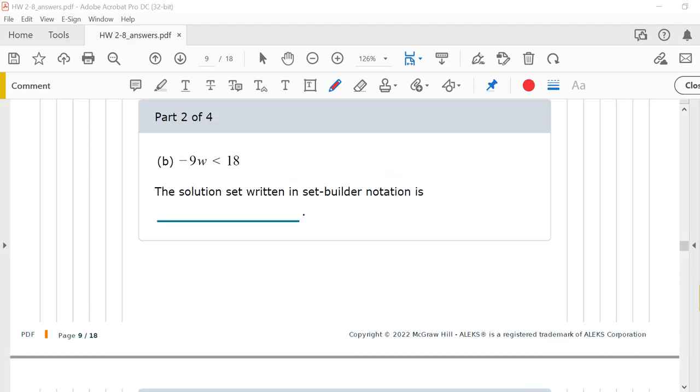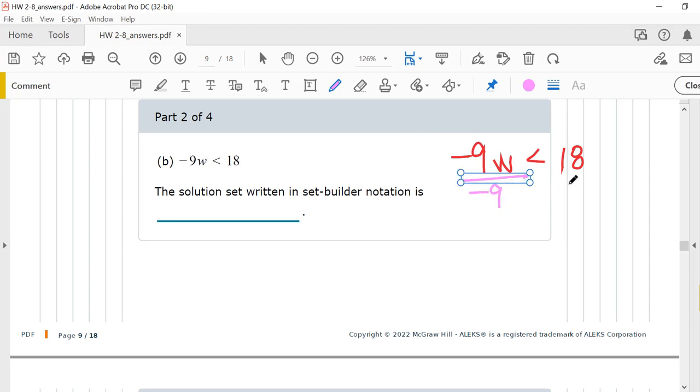For part 2, I want to solve the inequality -9w less than 18. Okay, here we go. To get the w by itself, I want to divide by -9.